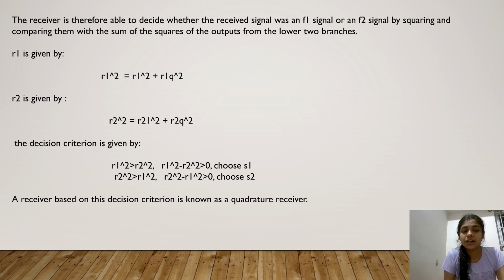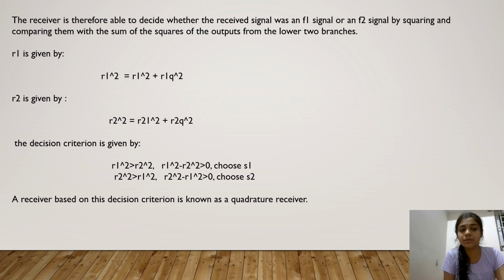The decision criterion is: if R1² is greater than R2², that is R1² − R2² > 0, we choose s1. If R2² is greater than R1², that is R2² − R1² > 0, we choose s2.